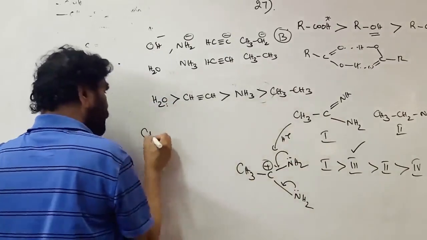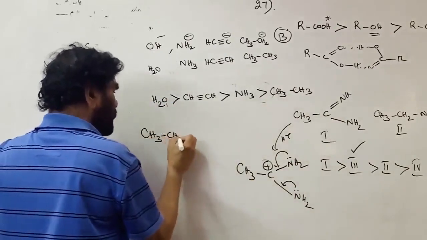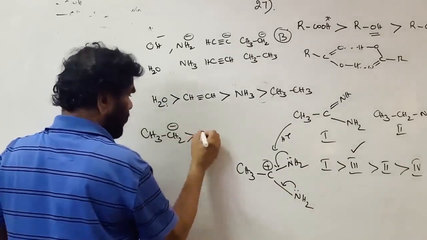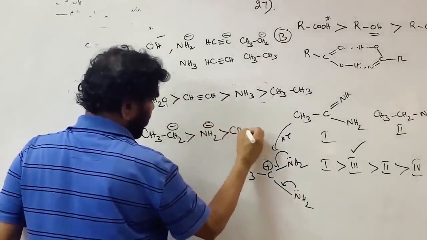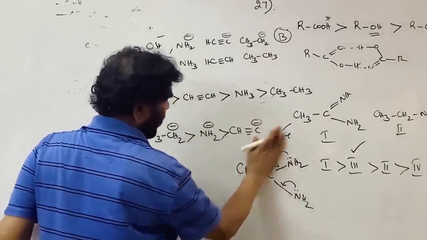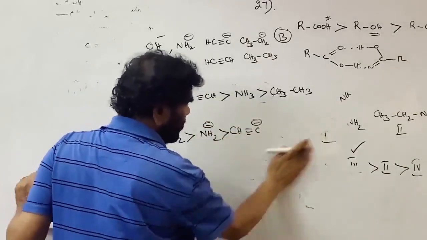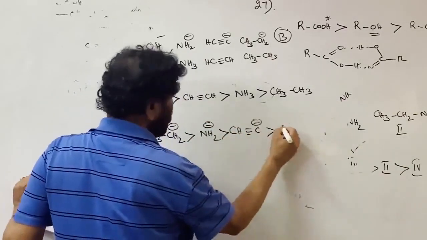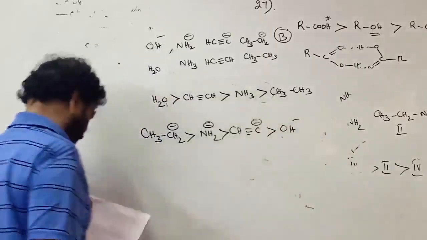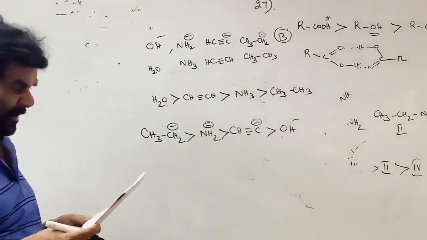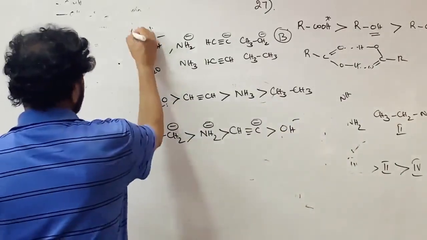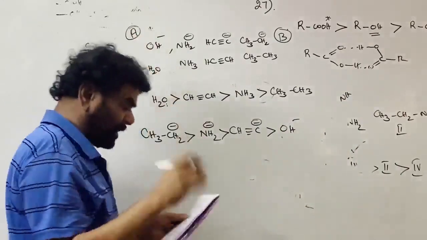Therefore the basic properties are ethyl carbanion, then NH2 minus, then acetylide ion, and the least basic is hydroxide ion. So A is correct according to our original list.